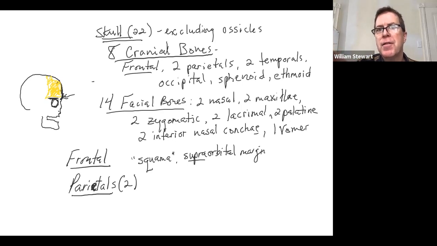So the front of the roof of the cranium is made by the frontal bone, but all of this is parietal on each side. The two parietals, the left and right parietals, meet right at the sagittal margin on the top of the head. So parietals are in green, frontals in yellow.